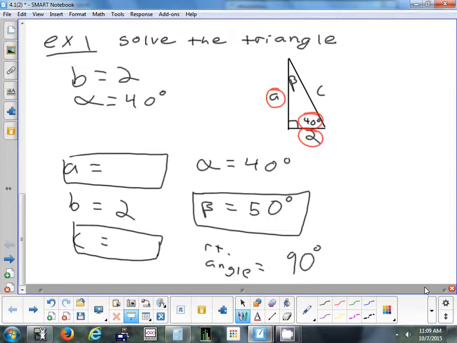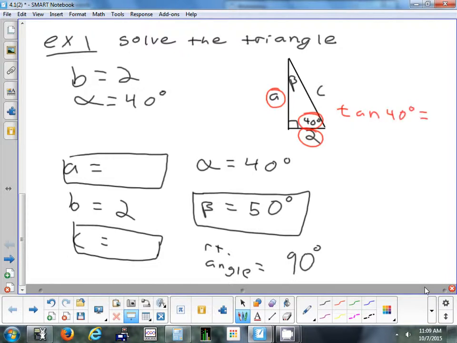That's adjacent. So we know the side adjacent. We want to know opposite. What's the only trig function out of sine, cosine, and tangent that has opposite and adjacent in it? Tangent. Yep.